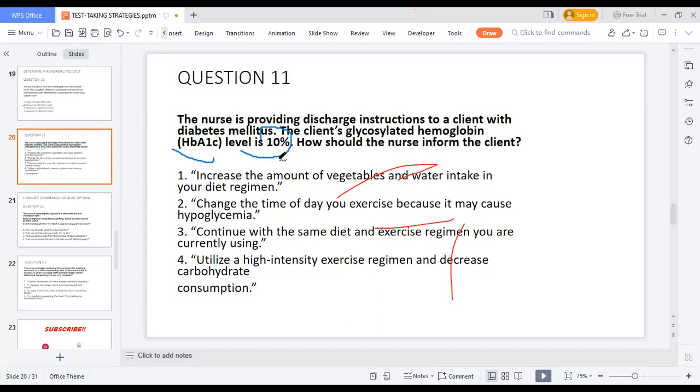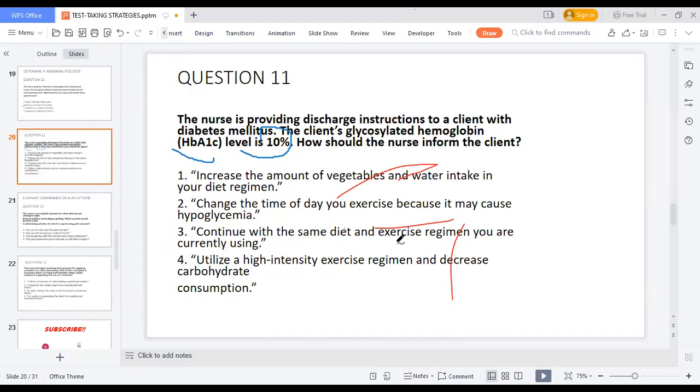So this is already high, you've identified that. So what should you tell the client? Change the time of the day you exercise because it may cause hypoglycemia. No, the time you exercise has nothing to do with it. Continue with the same diet and exercise regimen you are currently using. No, it's high, you have to do something.